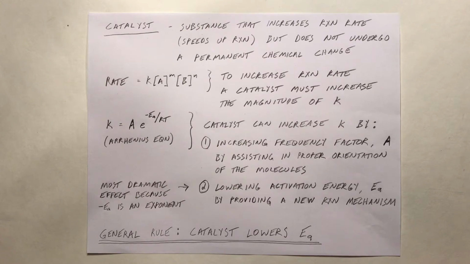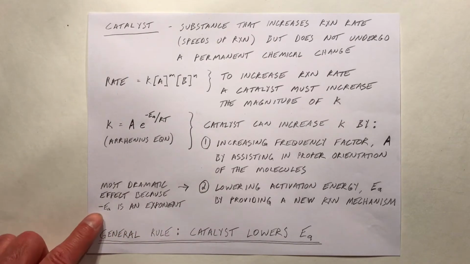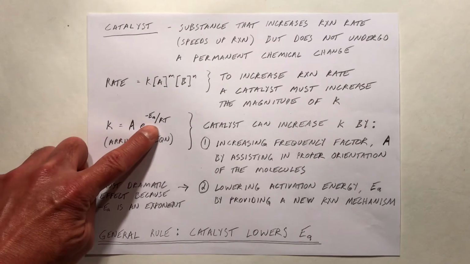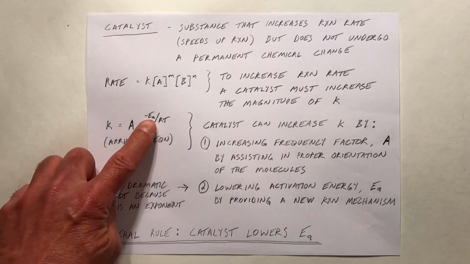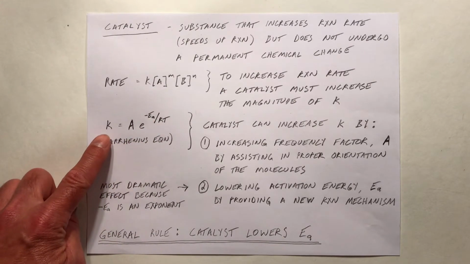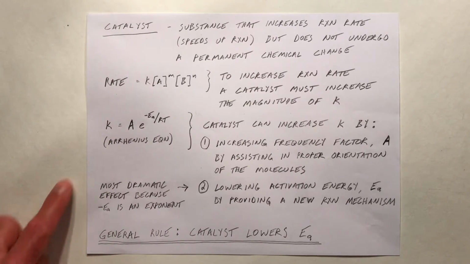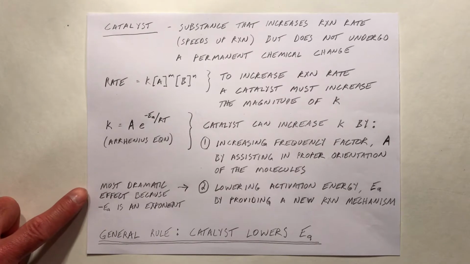Now notice that this would be the most dramatic effect because the negative of activation energy is an exponential term in this equation. That means the activation energy exponentially affects the rate constant K. And since it has an exponential effect, it's going to be by far more influential.